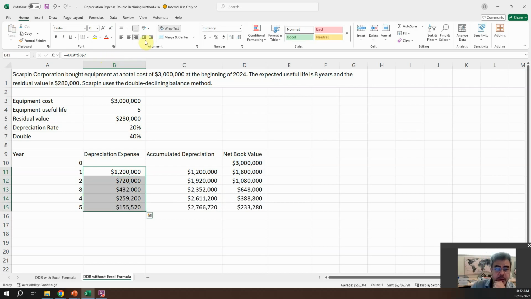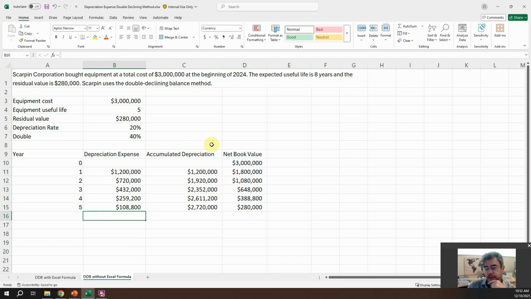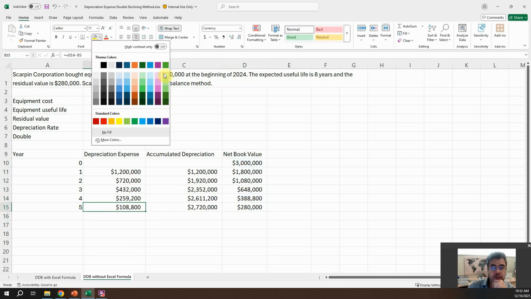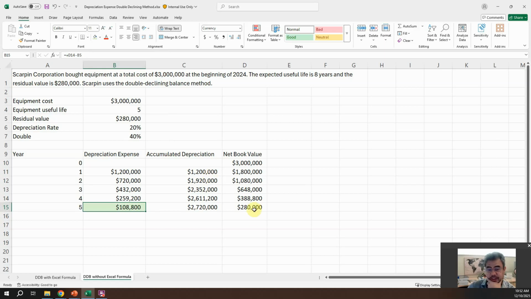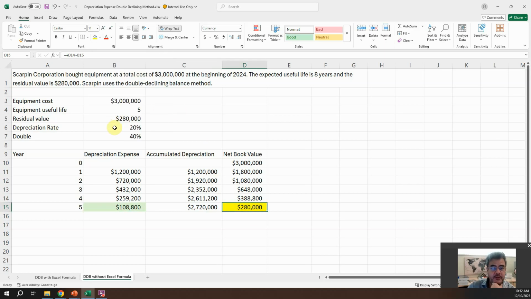To fix it, what is the issue? The net book value is lower than the residual value. So the depreciation expense cannot use the formula. So here it would be net book value minus 280. It is a special number, and the net book value must be, by the end, the same as the residual value.